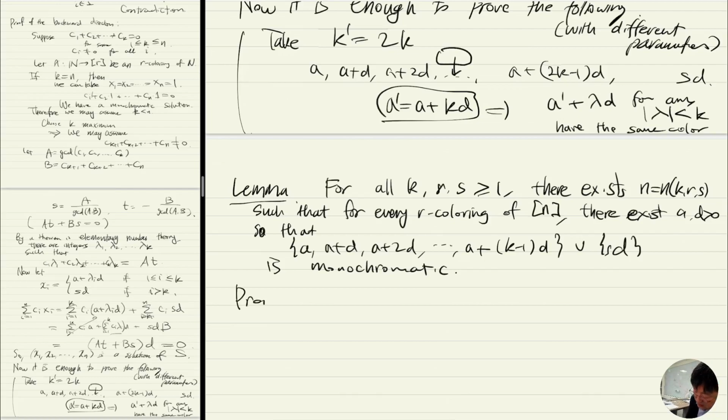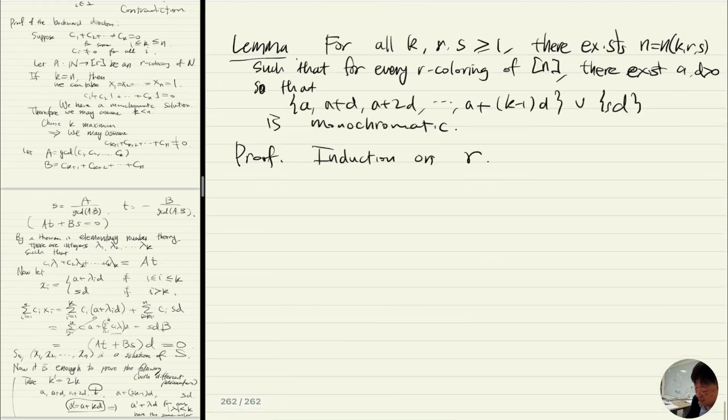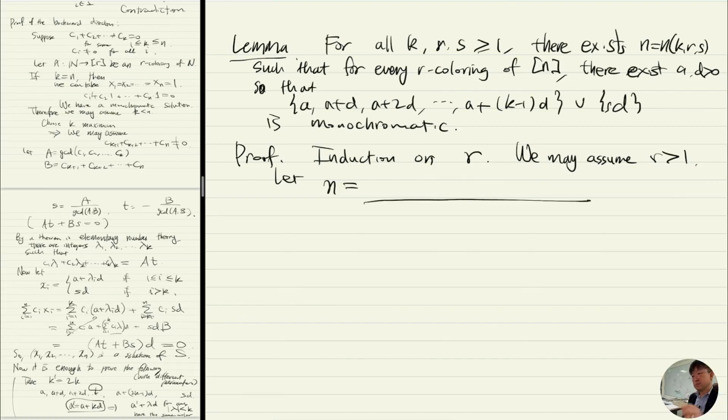Now, the proof of this lemma is by induction on r. If you only have one color, then it's trivial. Everybody has the same color. So we may assume r is bigger than 1. And I'm going to take n to be something I will fill in later.